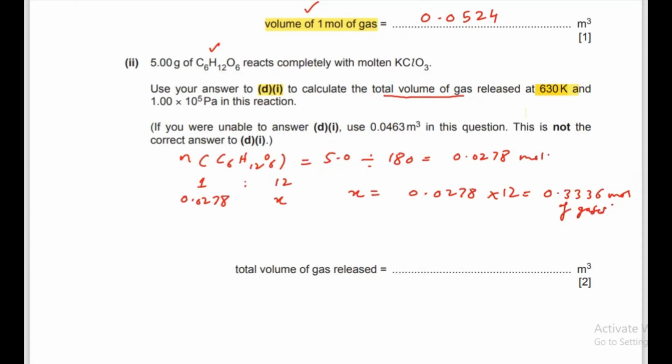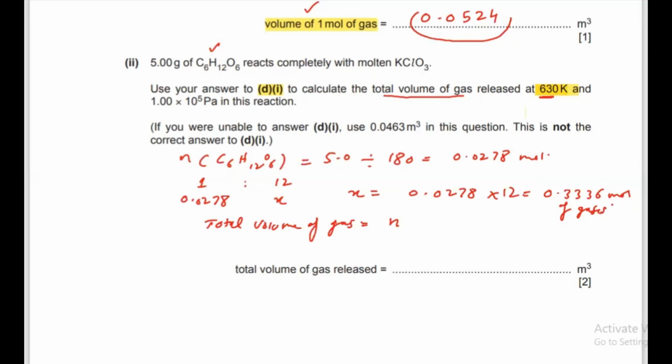So the total volume of the gas released: because we are using the same conditions, we know that the volume of 1 mole of gas under these conditions is 0.0524. So the total volume of gas is moles times volume. We cannot use the 24 because we have already calculated the volume of 1 mole of gas under these conditions in meter cube.